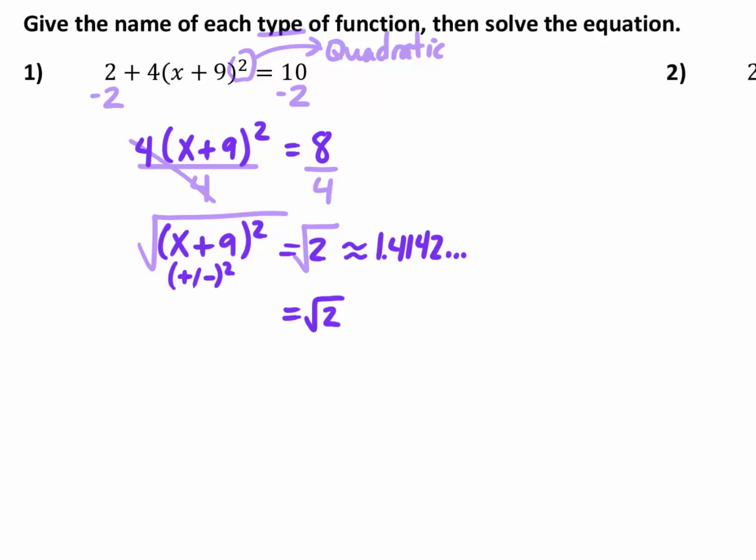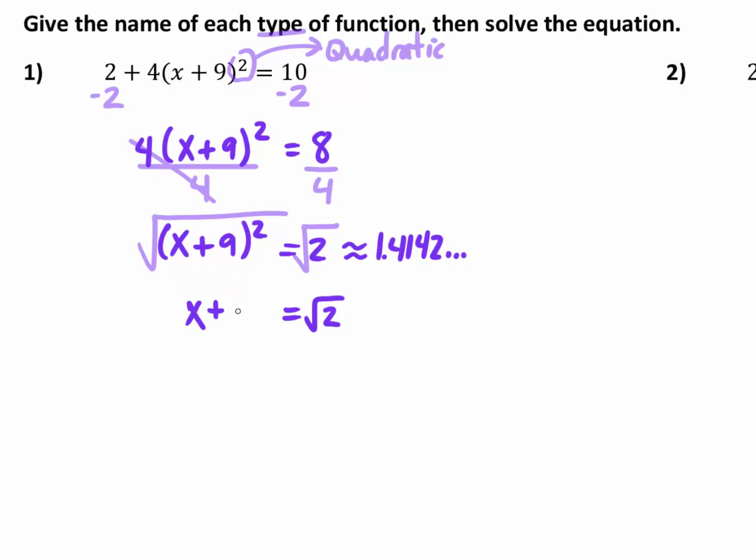Because we can start with positives and negatives, and it's okay, we are going to get absolute value bars. I want you to see the difference: if this was a square root inside and then we were squaring, you really can only square root positive numbers. That's what I'm looking at here to determine if we get absolute value bars.